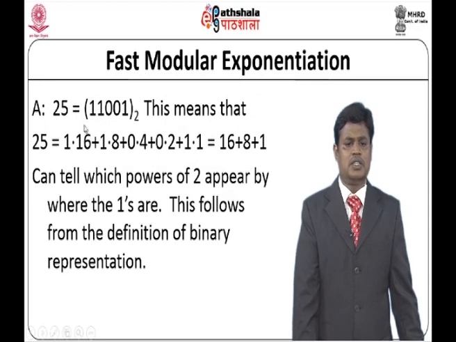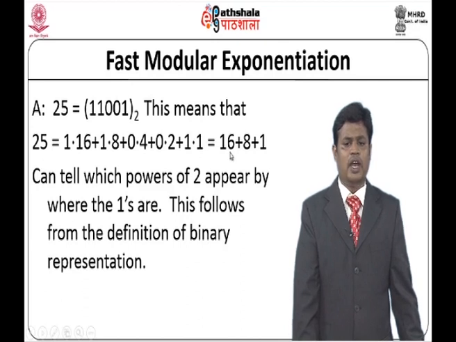So 25 is represented in binary as 11001. That means this is 2 power 0, this is 2 power 1, 2 power 2, 2 power 3, 2 power 4. 2 power 4 is 16, that is 1 into 16 plus 1 into 8, whereas 0 into 4, 0 into 2, and 1 into 1.